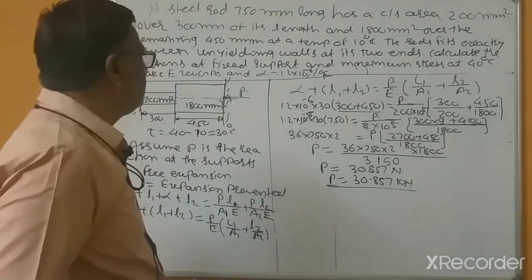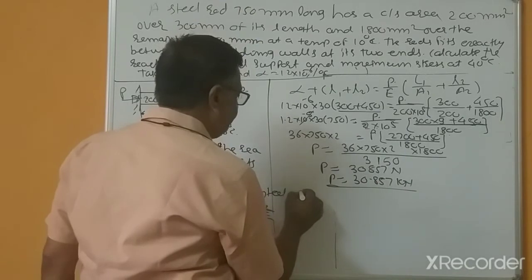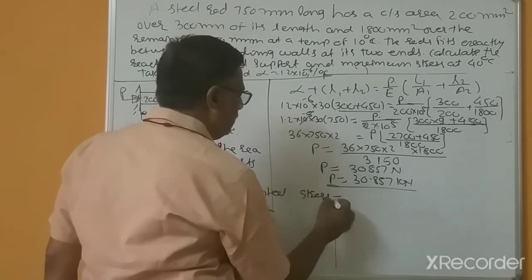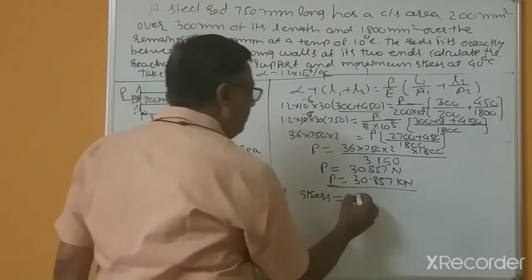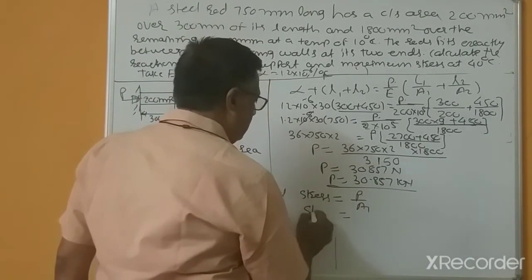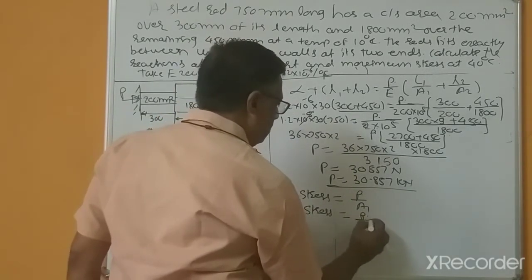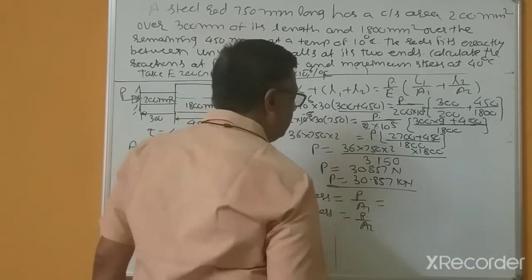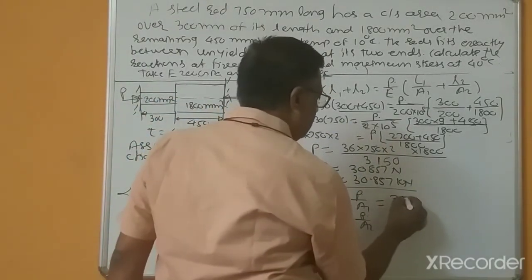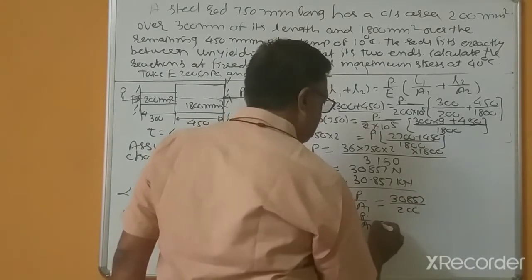P equal to, these are support reactions. Maximum stress equal to, now stress equal to P divided by A1, divided by A2. So this is maximum stress divided by 200.